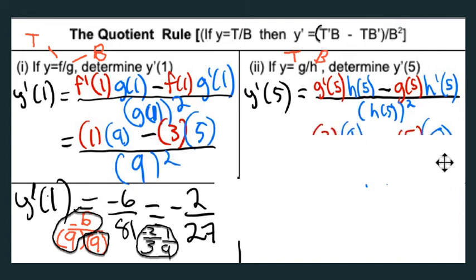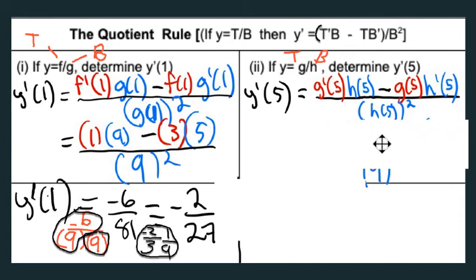Now I go to my table, go to x equals 5, and go down until I see the row for g prime, and it's worth 3. Now I have to go to the graph and find h at 5. So the x value is 5. What's the y value there? It's 9.